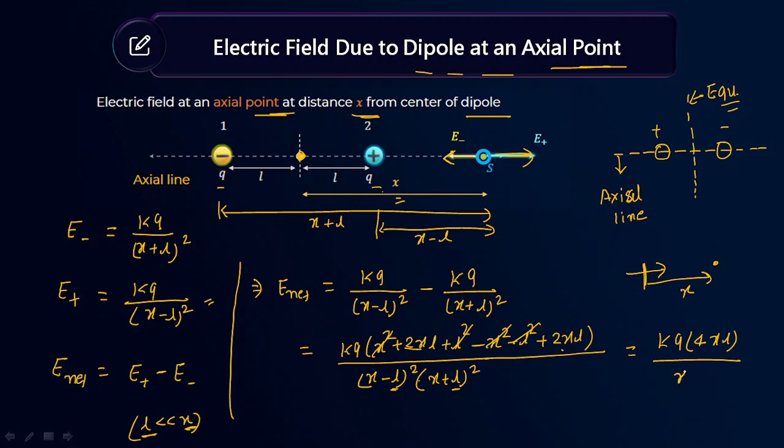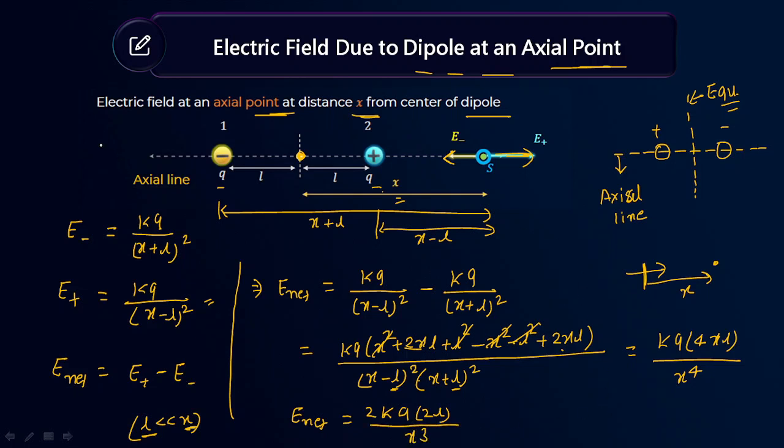So it will become how much? X to the power 4. So 1X we can cancel, and now we have E net, that will be equals to KQ into 4L, X we had cancelled, so divided by X cube.